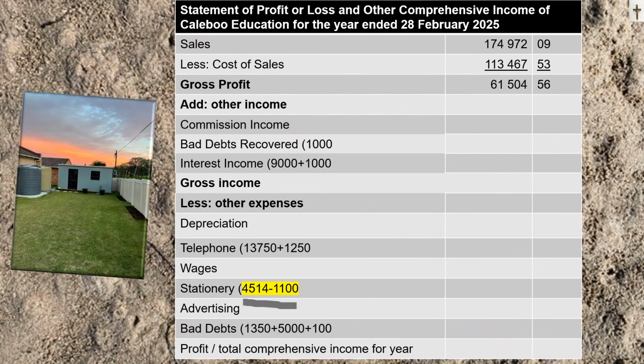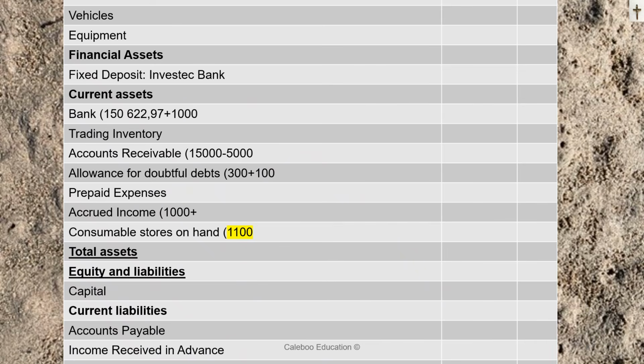So stationery is 4514 minus 1100. You see how we are accumulating marks here as we're completing this document. Plenty. Nice. So there it is, stationery with the adjustment. And now we have an account under current assets, consumable stores on hand, 1100. Keep going. You can stop the video and take a break. Not too many more to do.